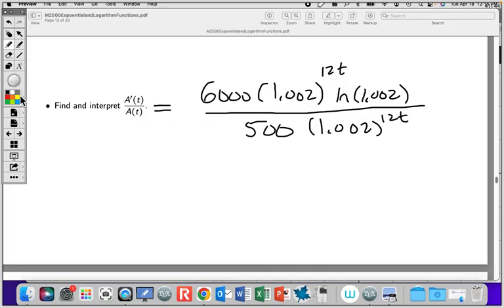We see the same thing that we saw before in class, namely the exponential part cancels out, and we're left with the same number we had before at 0.